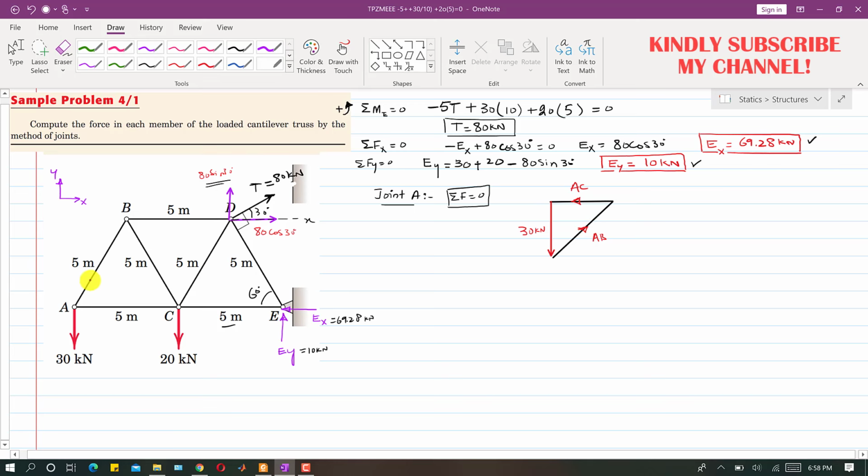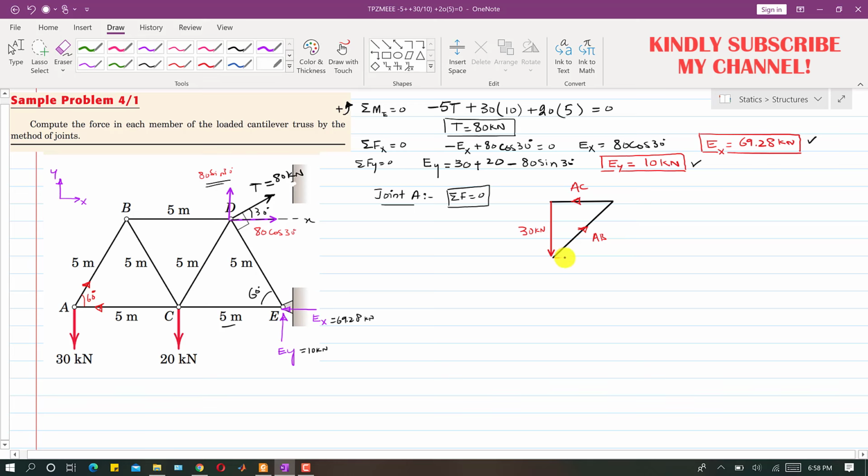So if I now draw this force, this AC force is in this direction, and this AB force is in this direction, right? So now using this triangle we can find this AC and AB, and as we can see, this angle is 60 degrees, right? So this is AB.